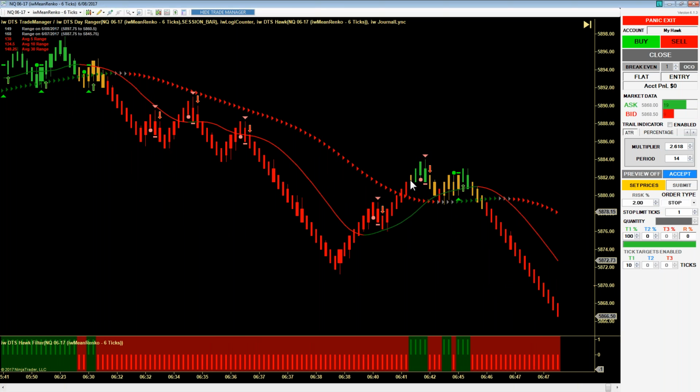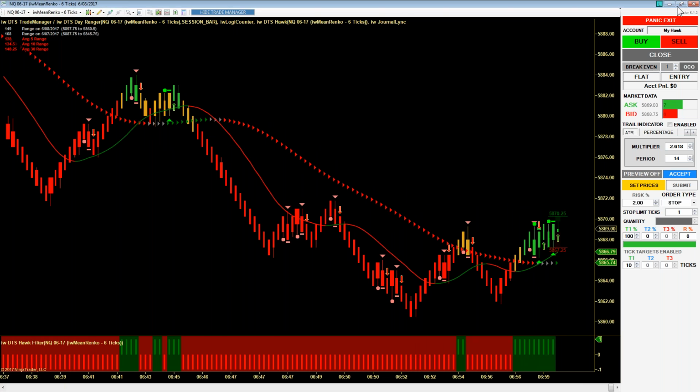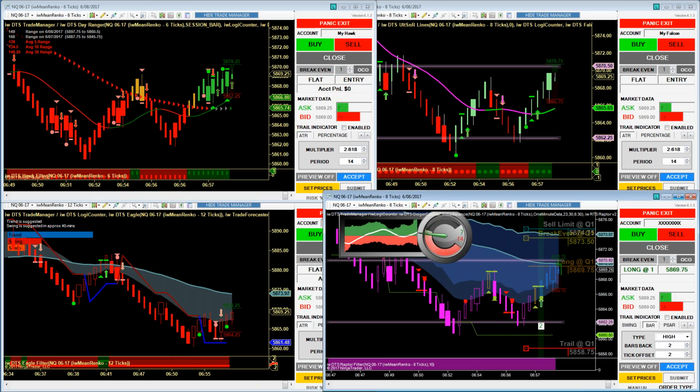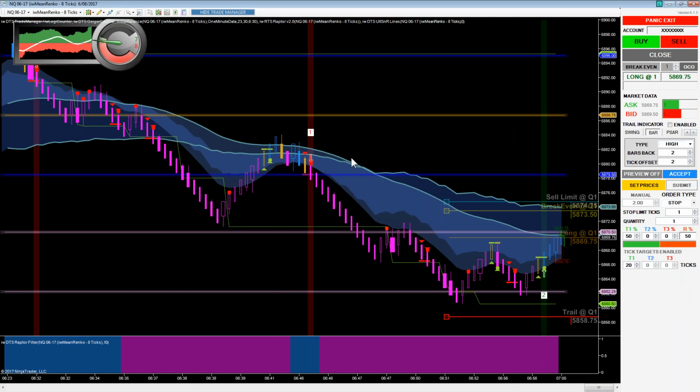It was sitting here for, looks like, about 3 or 4 minutes before it finally fell off, but that was not the case with the Raptor or the Eagle. They both unwound pretty fast.